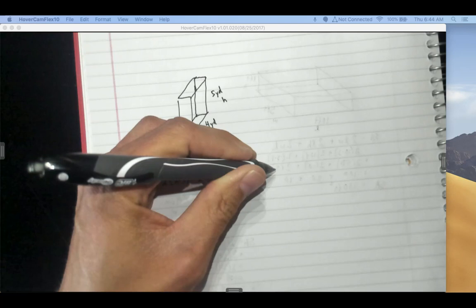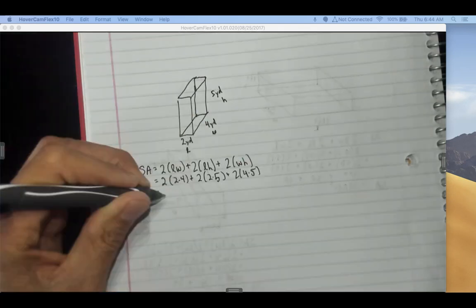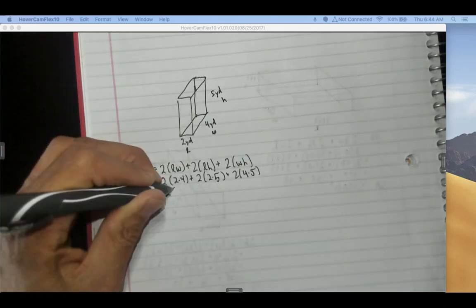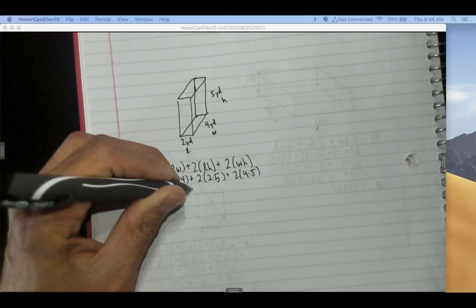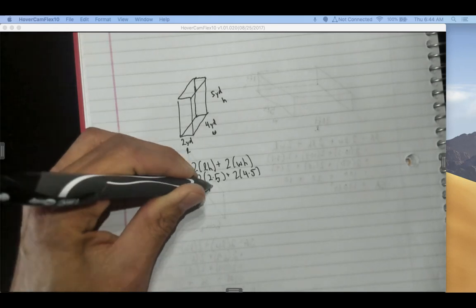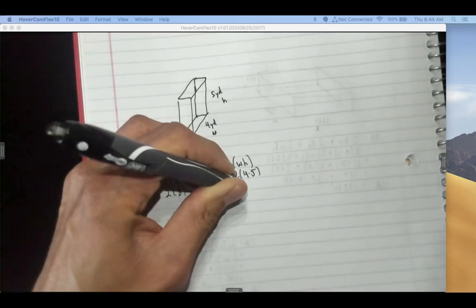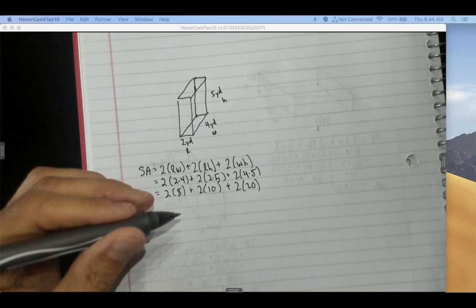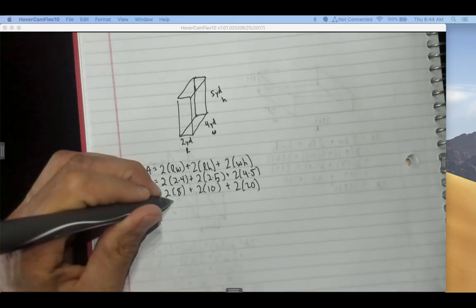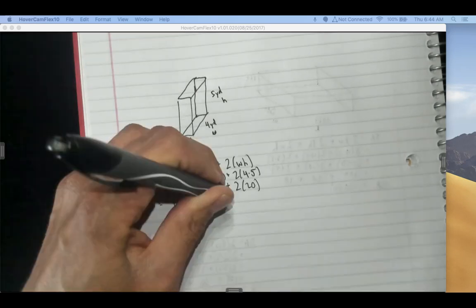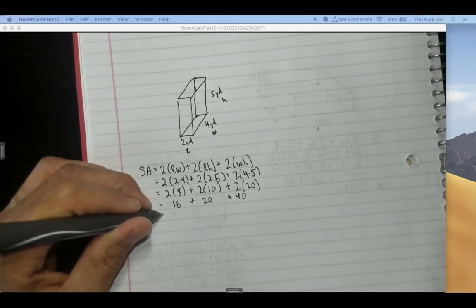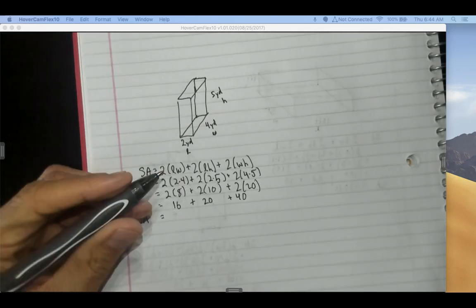Or 2 times 8 plus 2 times 10 plus 2 times 20, which is 16 plus 20 plus 40. And therefore, the surface area of this rectangular prism would be 76 yards squared.